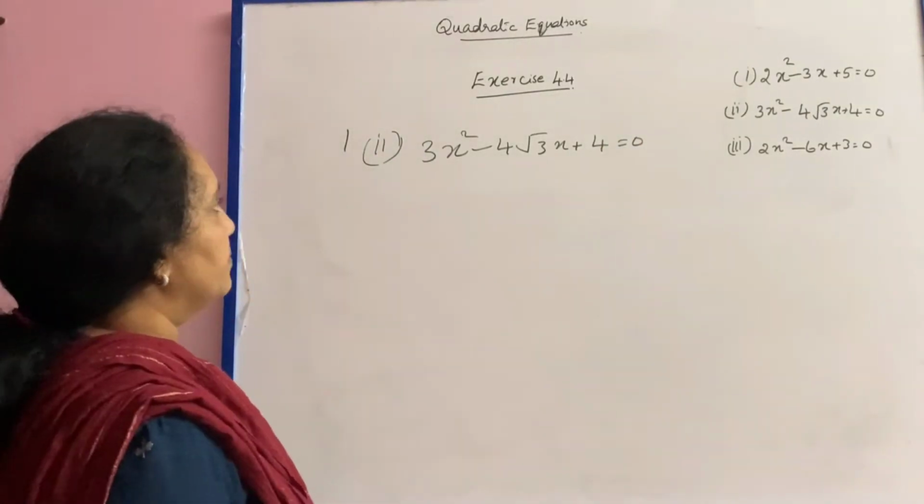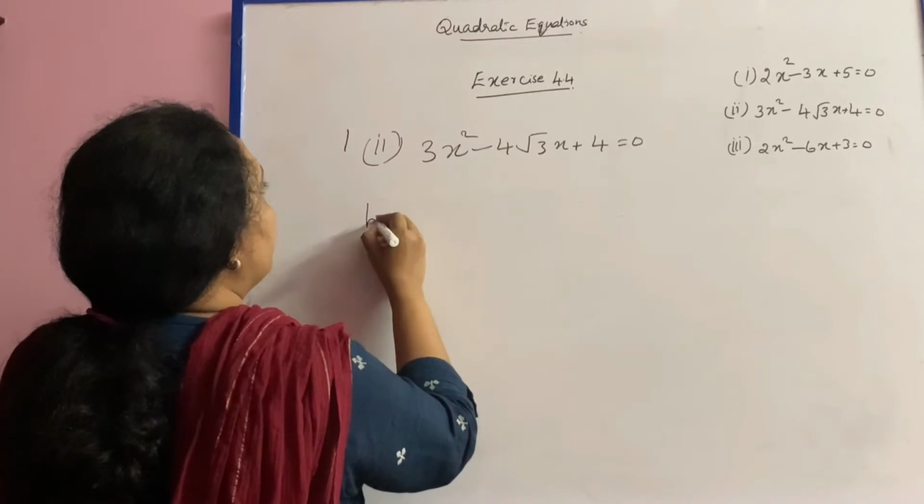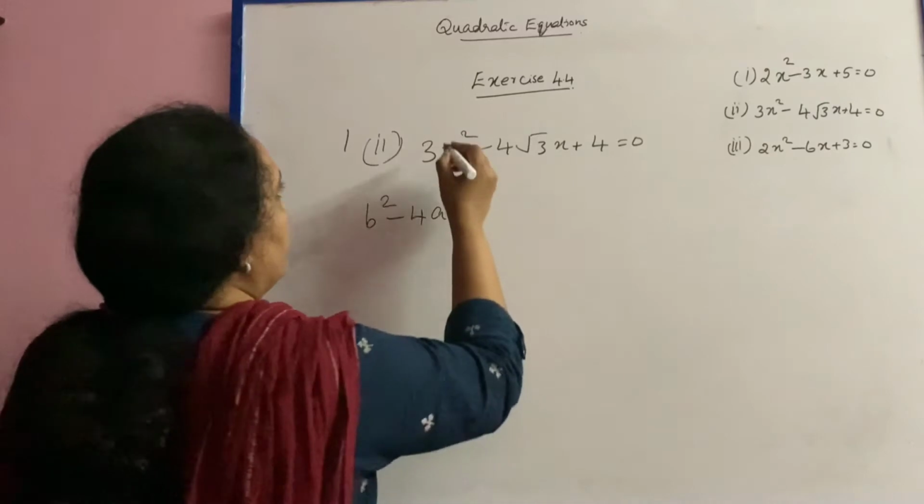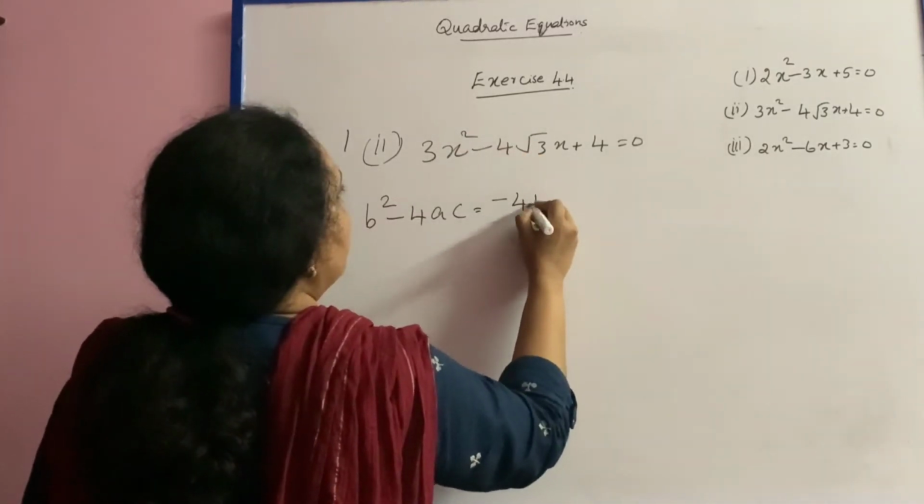Question number 2. Here also find b square minus 4ac, that is the discriminant.